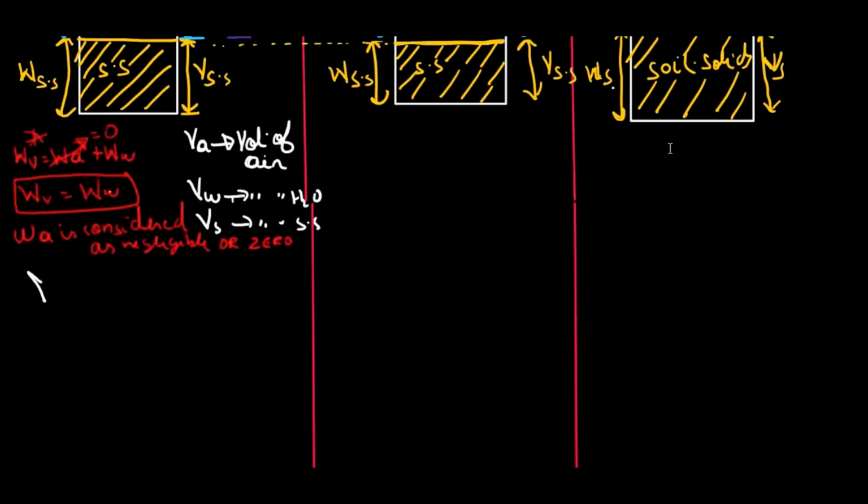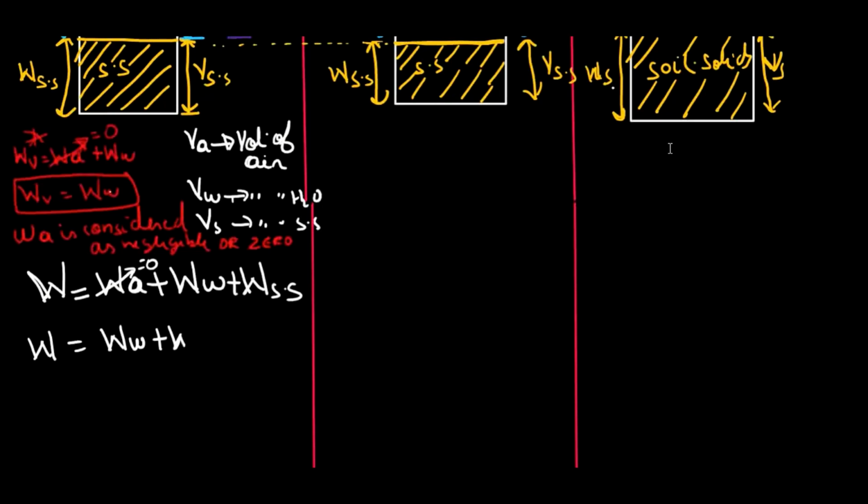Suppose this one is the total weight of soil. Now in this case the total weight of soil sample will be weight of air plus weight of water plus weight of soil solids. This particular thing, weight of air, we assume as 0, so the total weight of soil will become weight of water plus weight of soil solids, in case of the partially saturated condition.